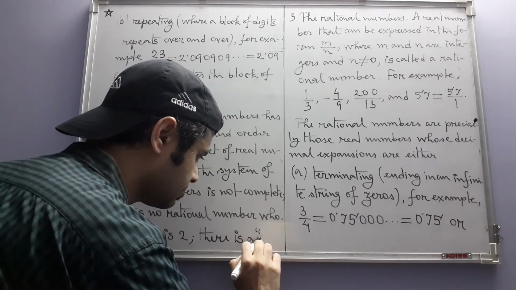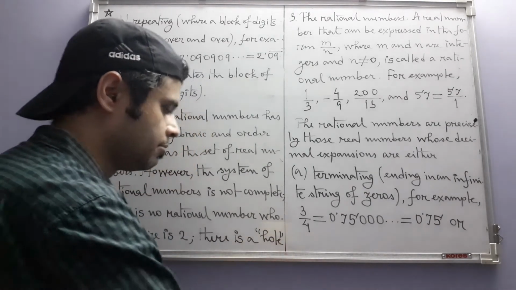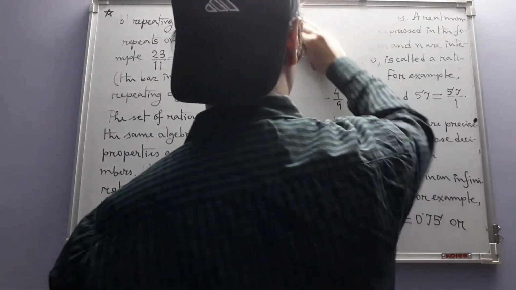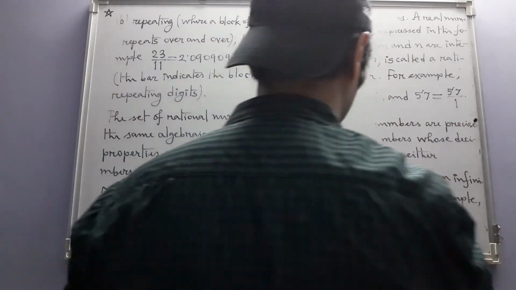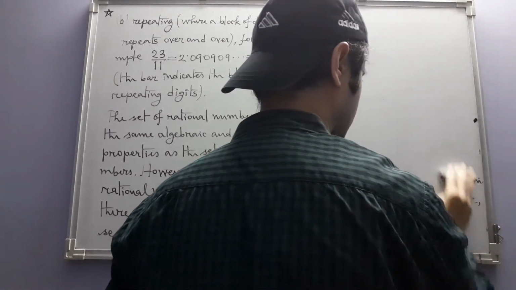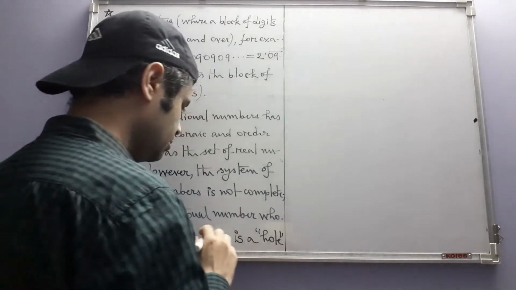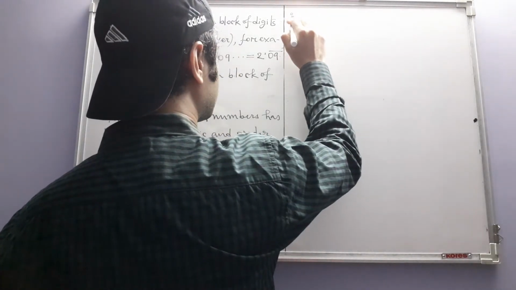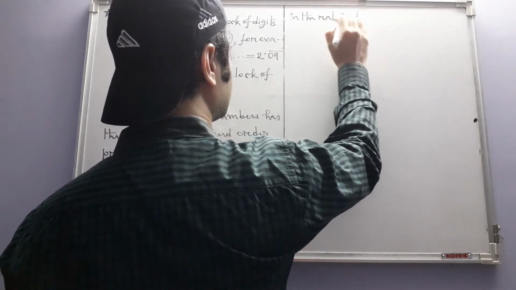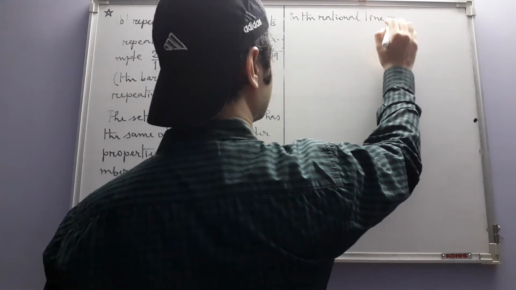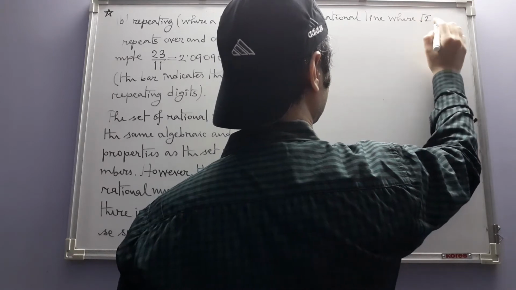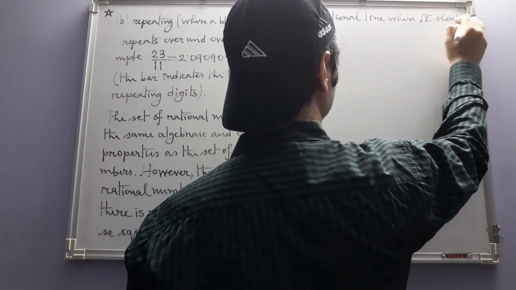There is a hole in the rational line where square root of 2 should be.